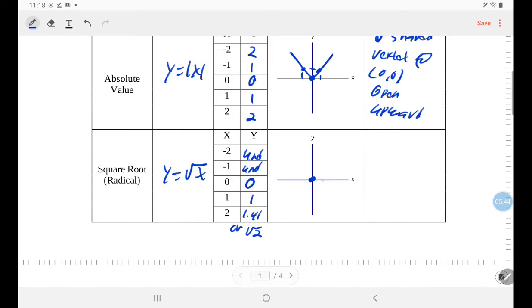And it goes something like that. First thing I do know is that it starts at 0, 0. It is an increasing function.